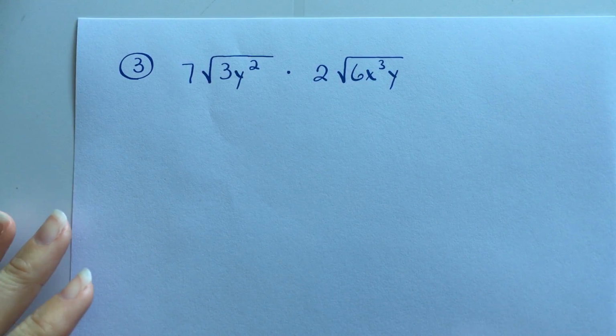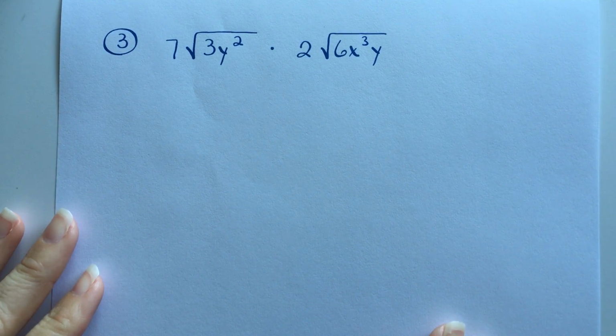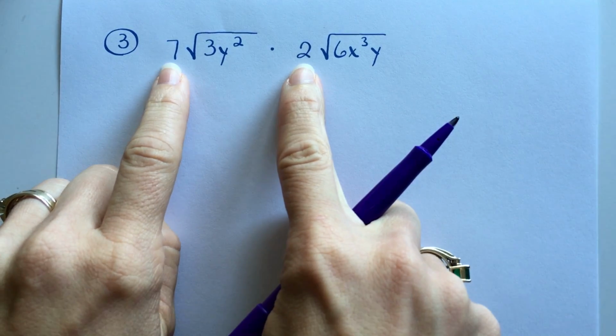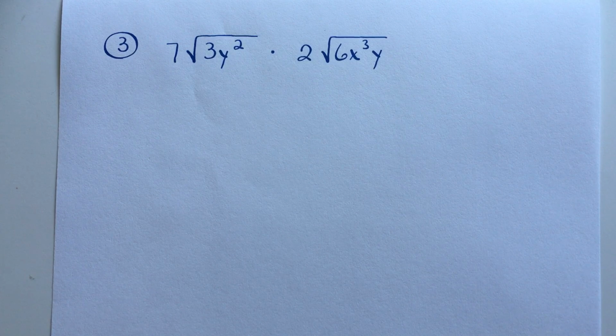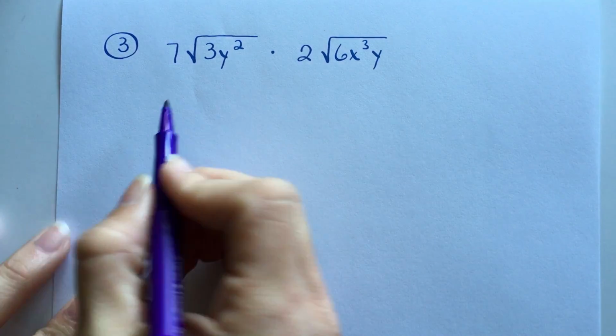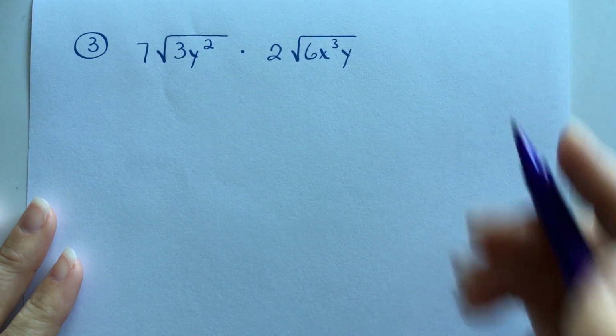Okay. One more that's multiplying. And the difference that you're going to have here is the fact that we've got these numbers in the front. So that's really the main point of this example, so you'll know what to do with numbers that you have in front. So go ahead and multiply first of all.